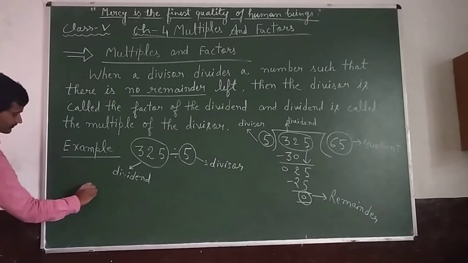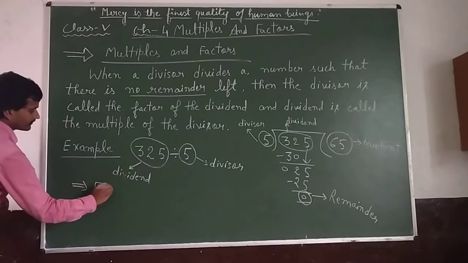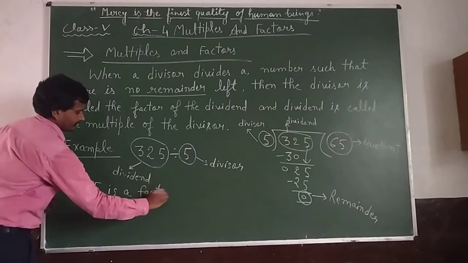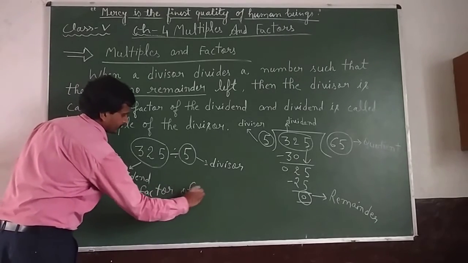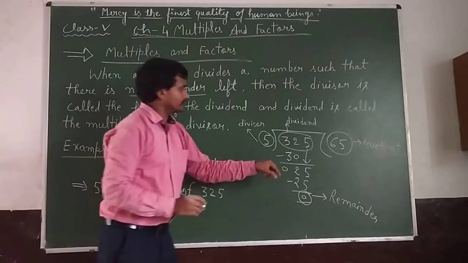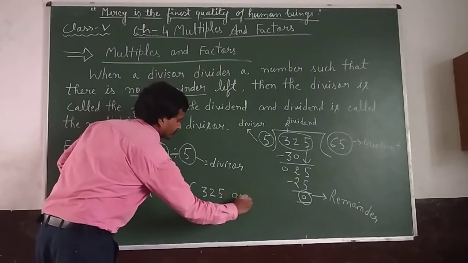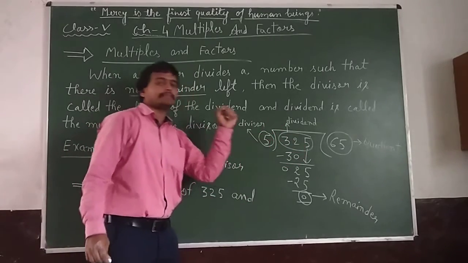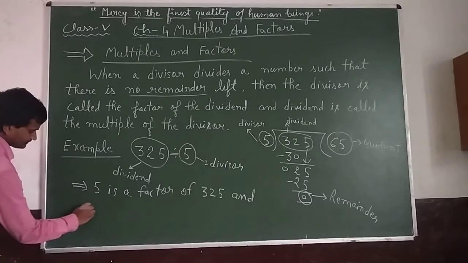We can write: 5 is a factor of 325 and 325 is a multiple of 5.